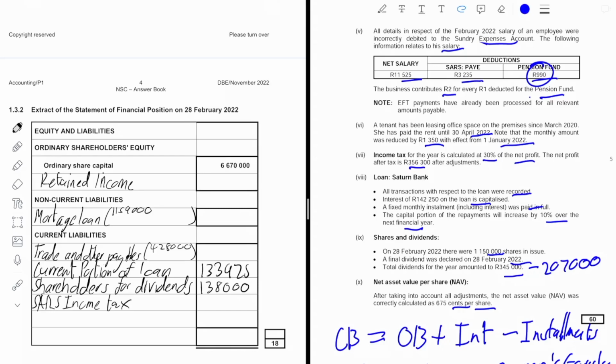Using this formula, it will be the number of shares, which is this figure here, 1,150,000, times my NAV, which is actually 6.75 because it's 675 cents.